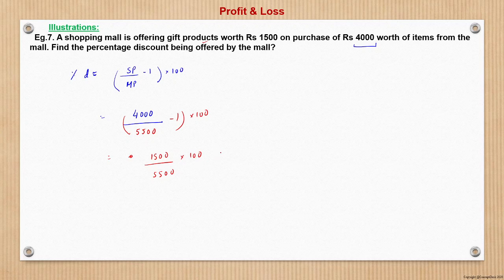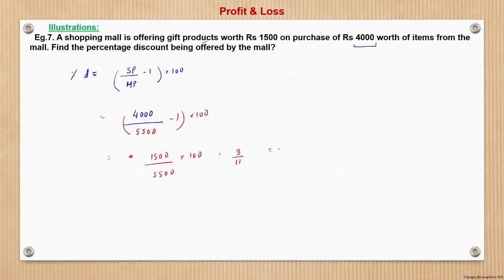So effectively, this is 3 upon 11, right? 15 upon 55, which is the same as 3 upon 11.